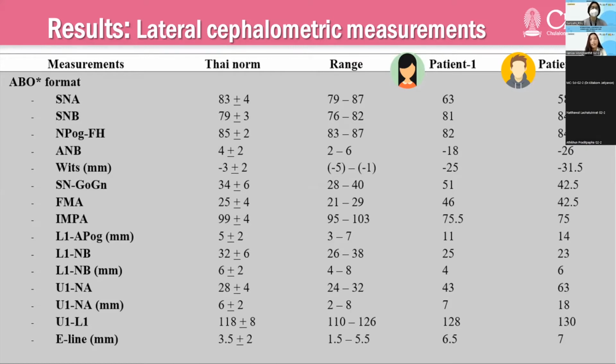SNA shows that they both have retrognathic maxilla. SNB and the angle between N-Pog and Frankfurt horizontal plane show that patient 1 had orthognathic mandible, while patient 2 had slightly prognathic mandible. And ANB and Wits show that they both have class 3 skeletal relationship.